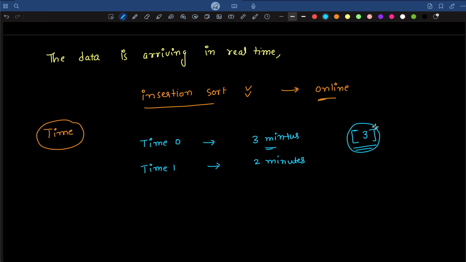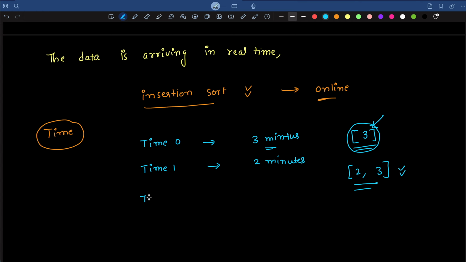Right now, only one element is present in my array. Now you compare 2 with the element 3, and I place 2 on the left side of 3, because I'm arranging all the elements in increasing order. Now my array becomes 2, 3.